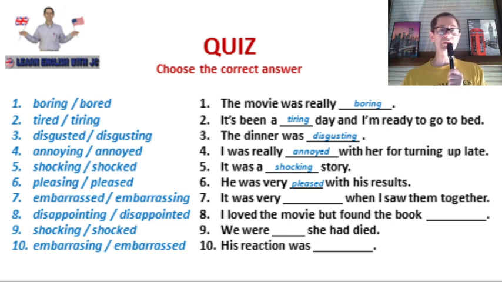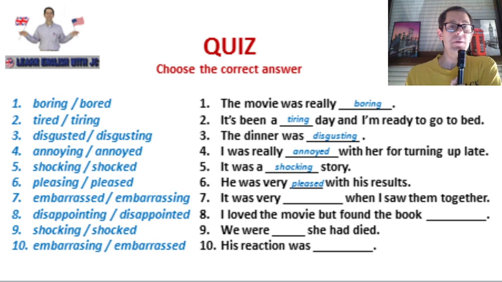Okay, he was very pleased with his results. With -ed, he was very pleased, very satisfied, very happy. So you use -ed, he was very pleased with his results. Okay, see how easy it is? Remember, a person's feelings, -ed. No feelings, -ing. Very easy.